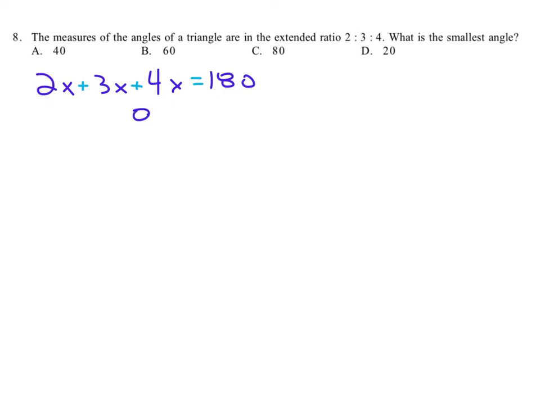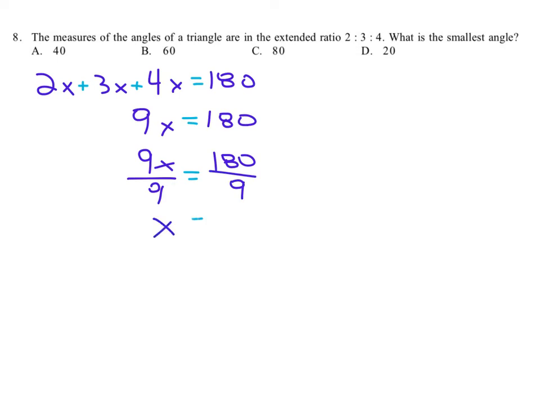And of course, 2x plus 3x plus 4x is 9x equals 180. And so 9x divided by 9 equals 180 divided by 9, or x equals 20.